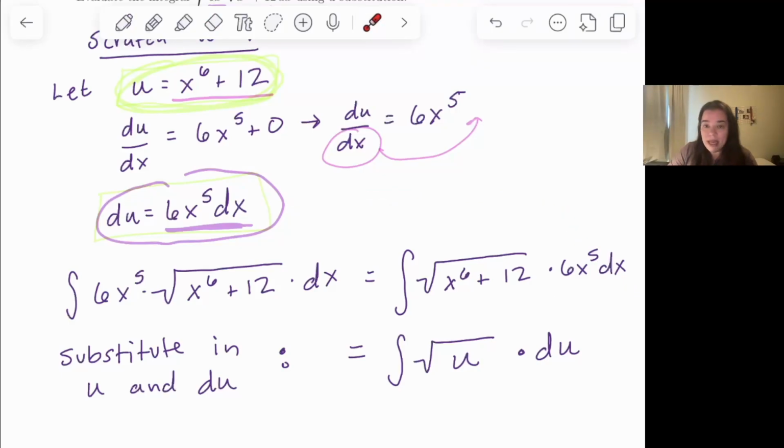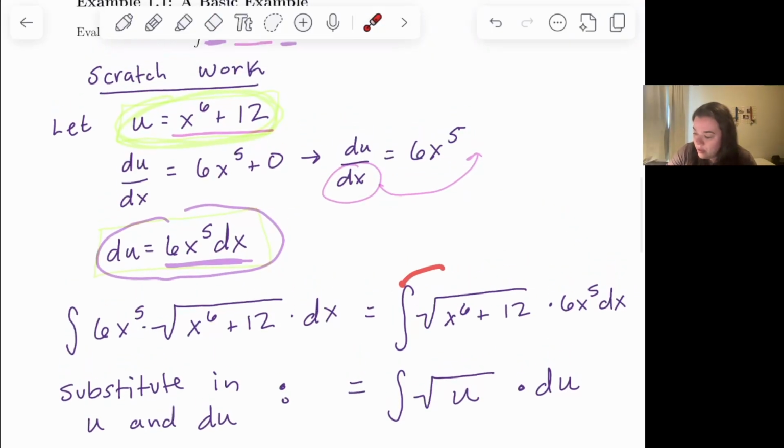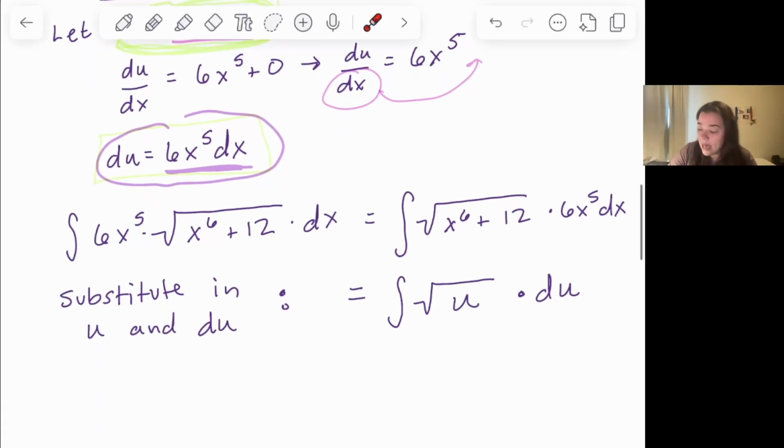Now, this is the main idea. With my laser pointer, this is the original problem. Looks very complicated to solve, right? Here it is. The original problem is very complicated to solve. Once I substitute in my u and du, that problem is much, much easier to solve. This new problem with u's can be solved using the power rule.